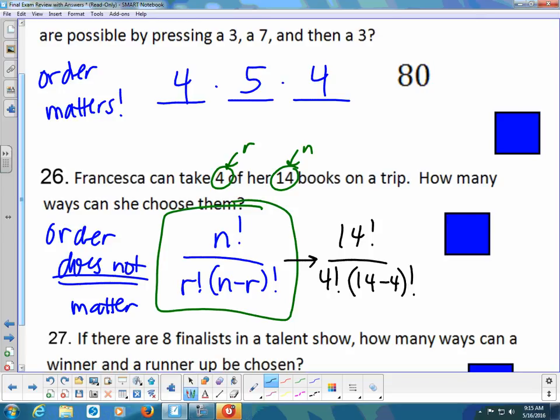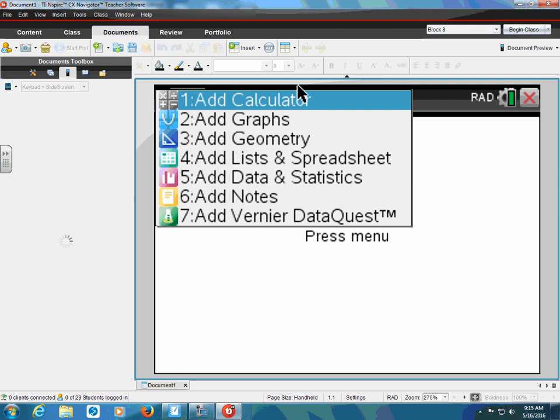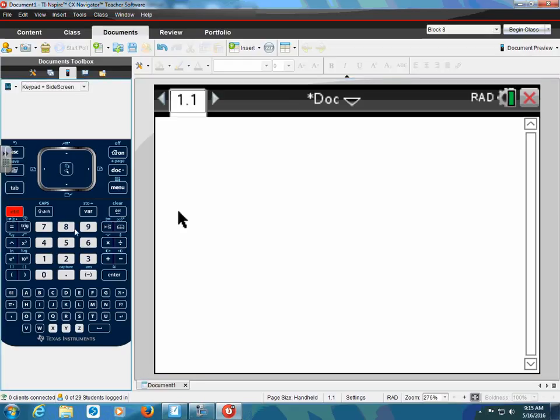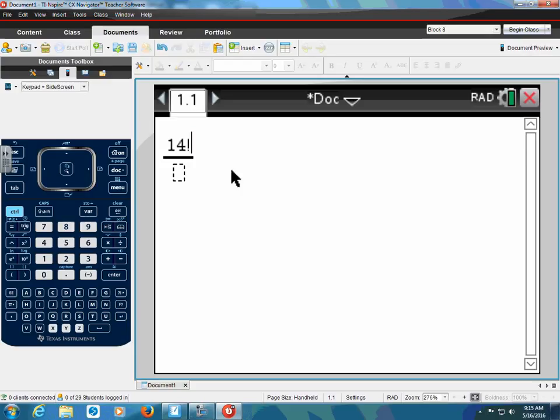Just to save us some room, because I don't have that up here, I'm going to go to my calculator. On a calculator page, if I set up a fraction and I want 14, where's that factorial key? It's over by the G. So there's the factorial if you don't want to list them out.